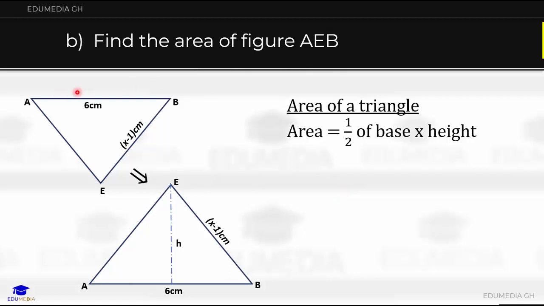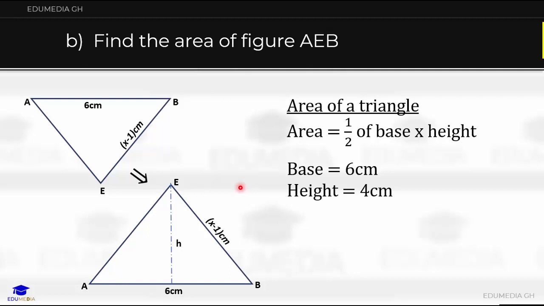The base is 6 centimeters, and the height is 4 centimeters, the same as what we calculated in the previous question, that is the vertical line, the opposite line that we just looked for.